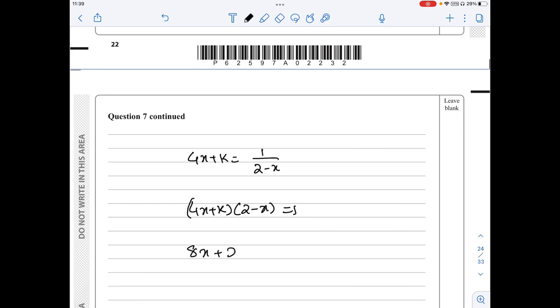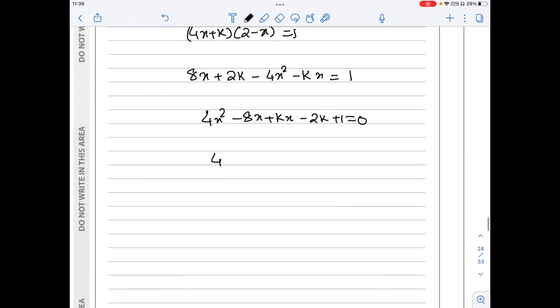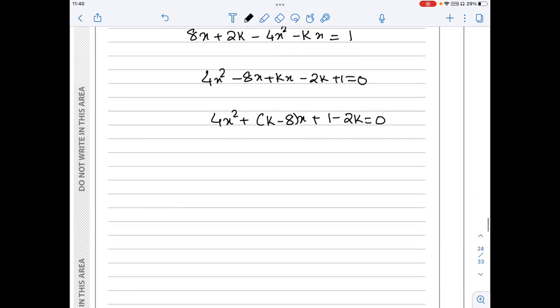Multiply it out: 8x plus 2k minus 4x squared minus kx equals 1. Then 4x squared minus 8x plus kx minus 2k plus 1 equals 0. Write in standard form: 4x squared plus (k minus 8) times x plus (1 minus 2k) equals 0.